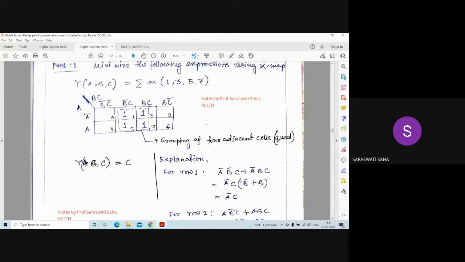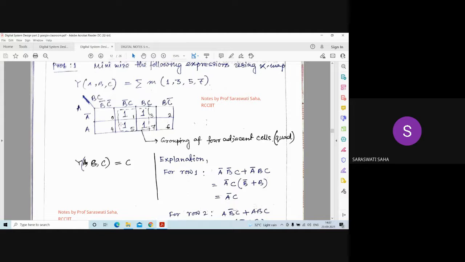See, here these two ones are adjacent, these two are adjacent, these two are adjacent, and these two are adjacent. And in the other way, these four ones are adjacent. So these 4 adjacent cells contain 1, so you can make a group here.